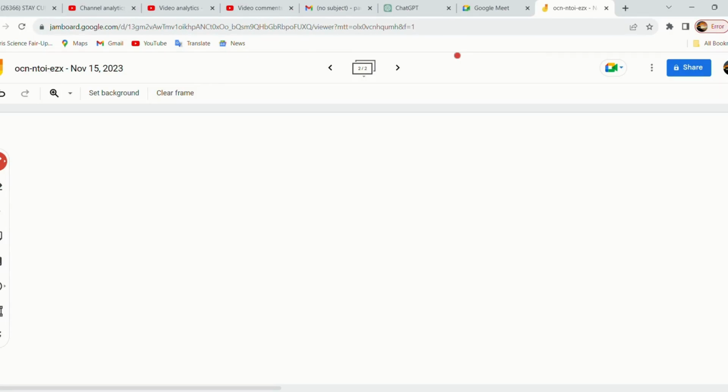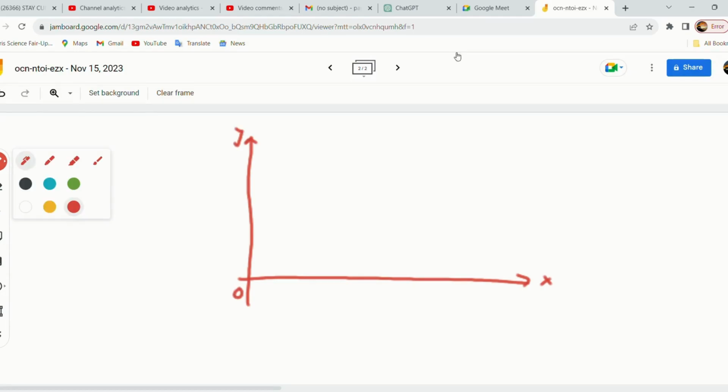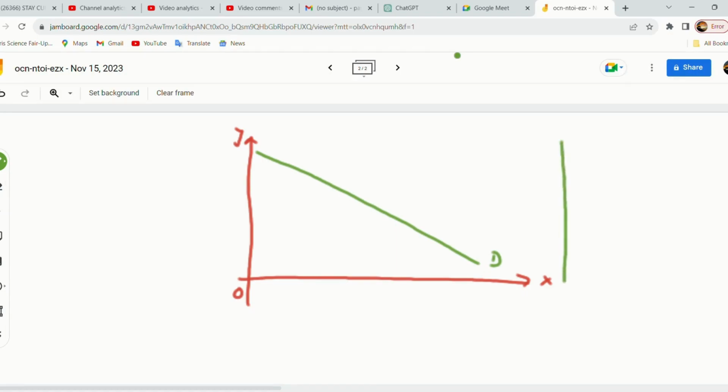Yes, diagrammatically, how do we show consumer surplus? Let's see. I draw a demand function, a demand curve basically. This is a linear demand curve. We can also draw a non-linear demand curve like this.